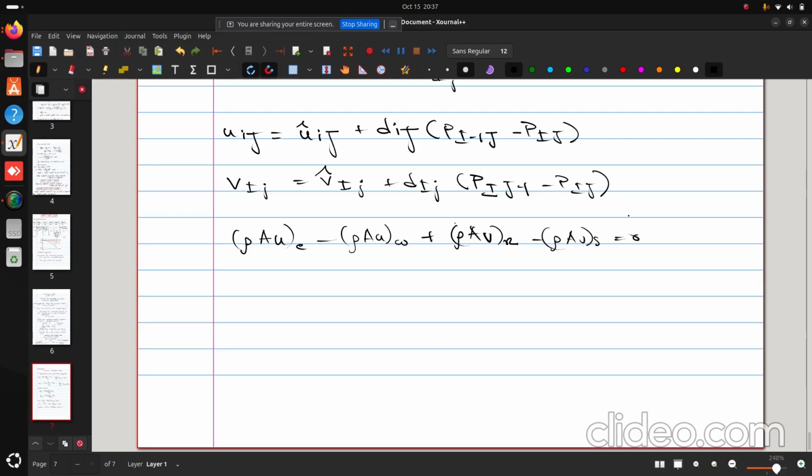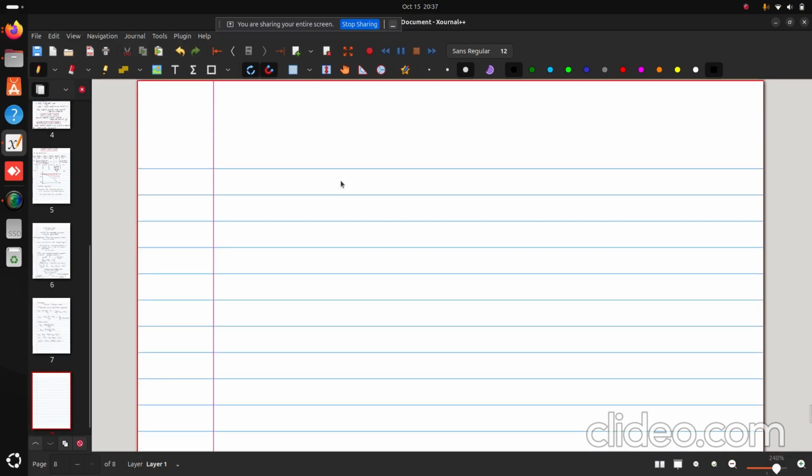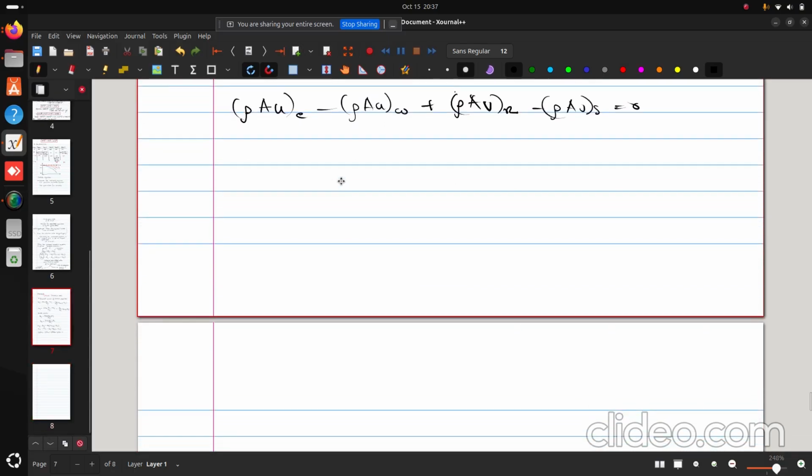This is the continuity equation, and we now just replace the relations that we have developed.